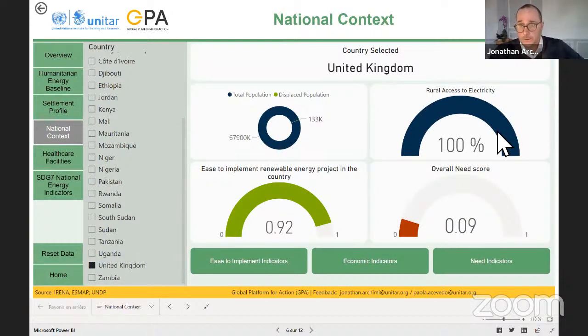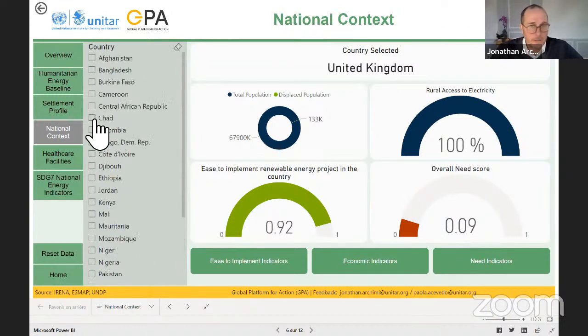So here you can see the summary again with the different indicators. The ease of doing business here is easy, it's 1. Economic indicators we will see after, and then the need related to improved energy access is close to 0.